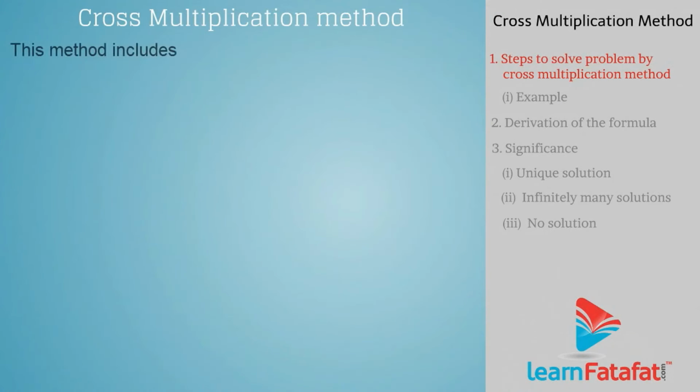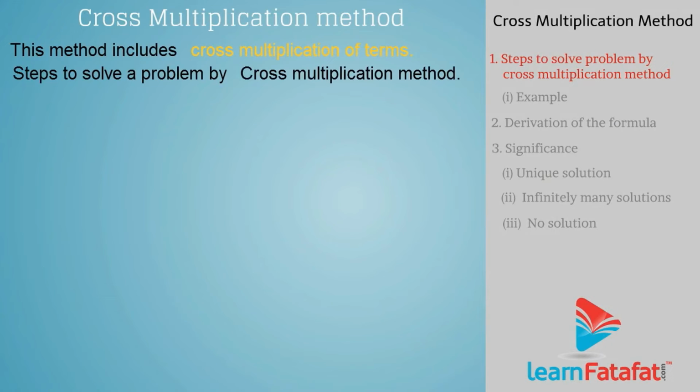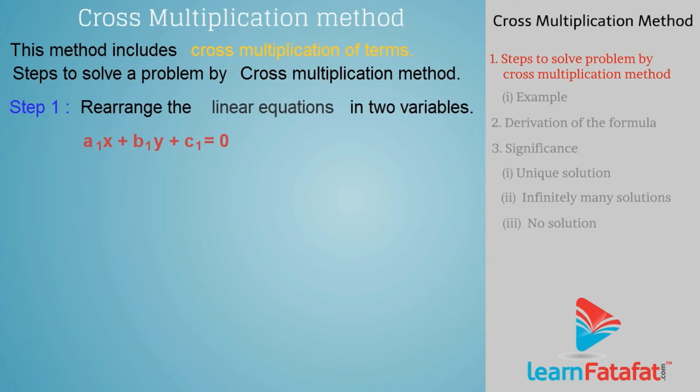Cross multiplication method. This method includes cross multiplication of terms. Steps to solve a problem by the cross multiplication method. Step 1. Rearrange the given linear equations in two variables as given below. a1x plus b1y plus c1 is equal to 0. a2x plus b2y plus c2 is equal to 0.